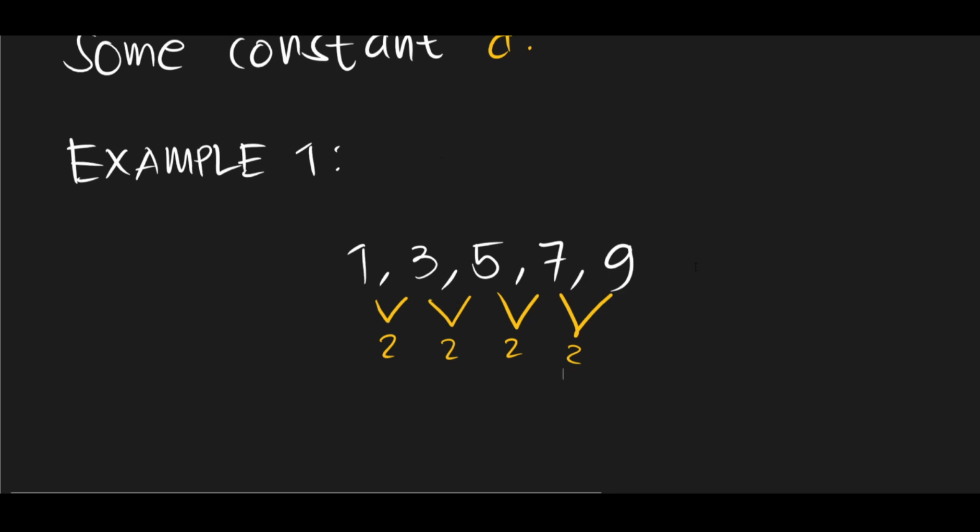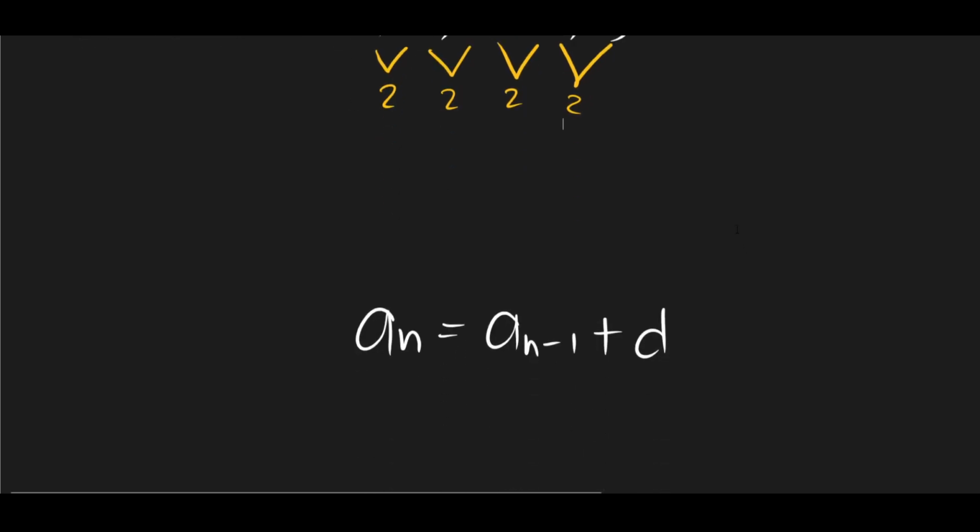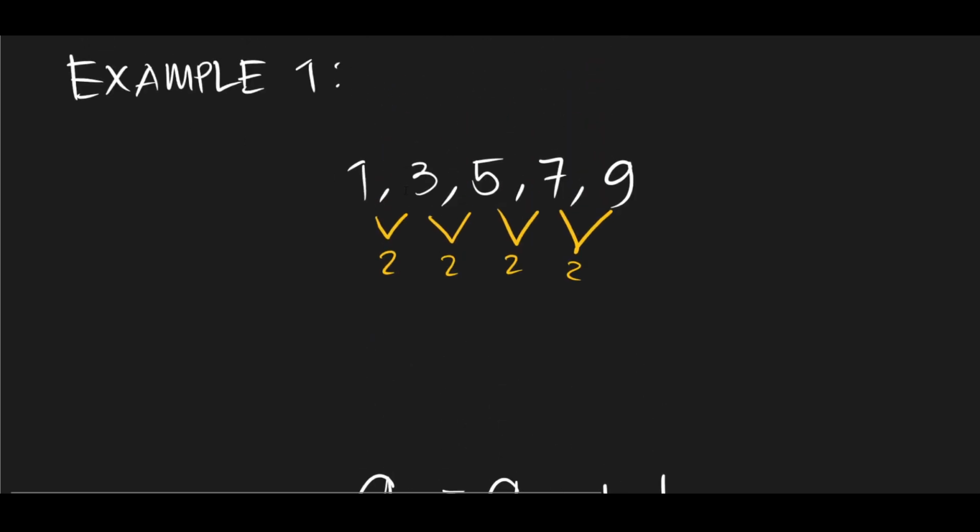So if we convert this pattern into a general term, we get this one right here: a_n is equal to a_(n-1) plus d. Let's try to generate our pattern right here.